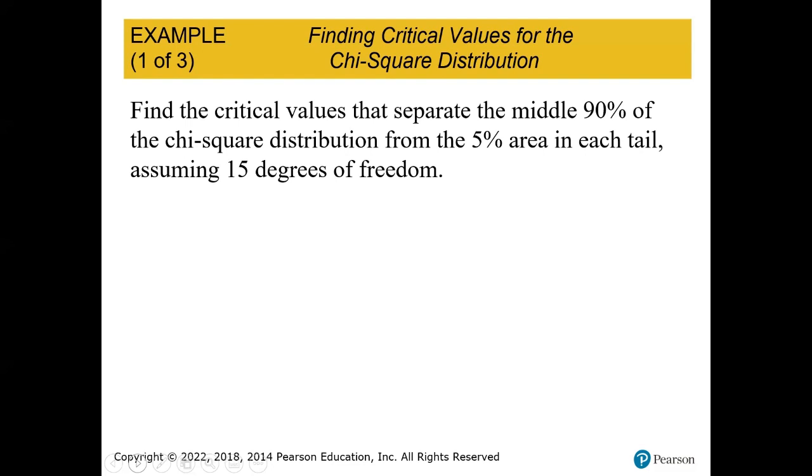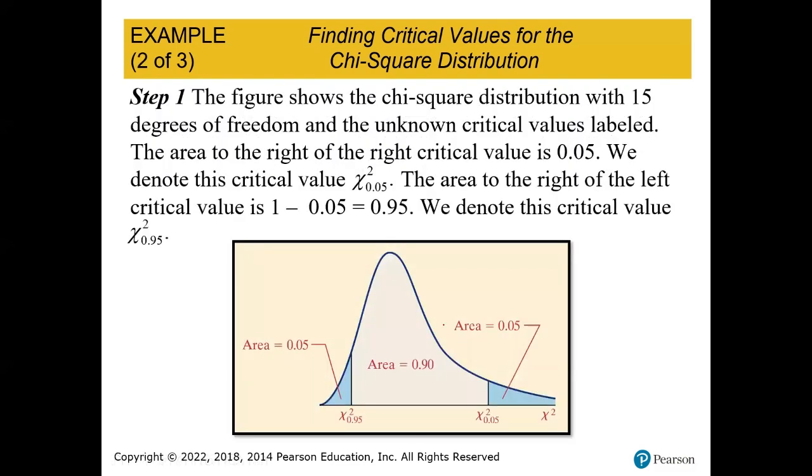Assume 15 degrees of freedom. So the first thing you're going to do is you can draw your chi-squared curve. So you can see here it peaks a lot faster and is skewed to the right-hand side. So what's going to happen is it's not symmetric. So these two pieces are going to look different. We want the middle to be 90%, leaving 5% in each tail.